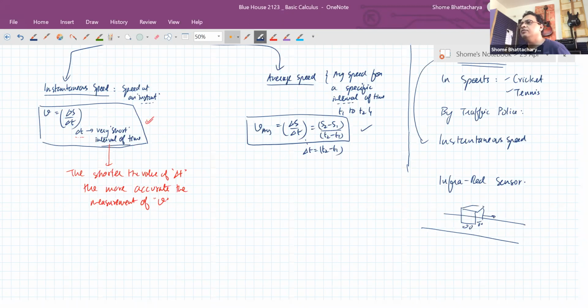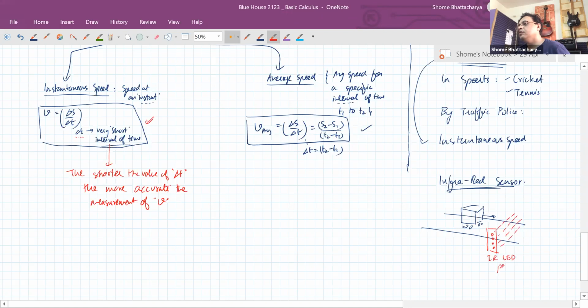So what you will have to do using an infrared sensor is that on one side of the road you will have a panel with infrared LEDs which are emitting infrared light in this sort of direction. Okay, and on the other side you will have the infrared detector.